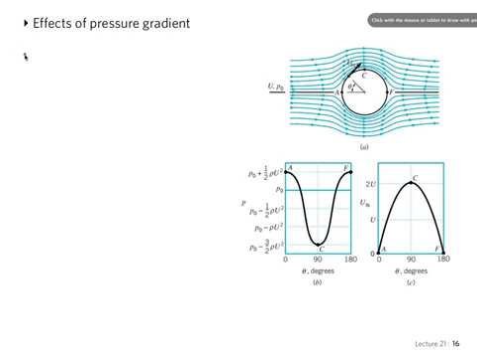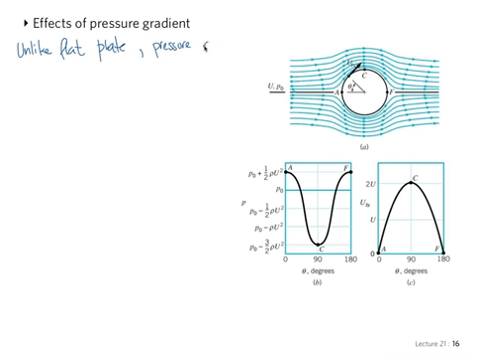So unlike flat plate, pressure gradient is not zero, because the body is curved.